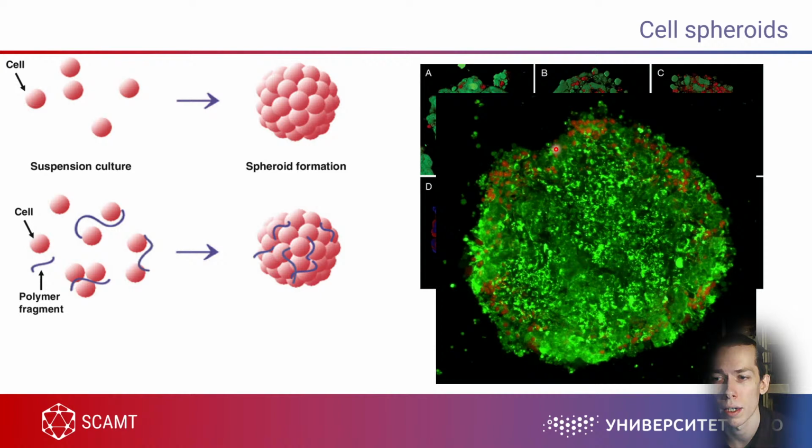But in most cases, cells in our organism form tissues, and these tissues have volume. Because of this volume, there is a gradient of cells, a gradient of nutrients, and so on. When you test nanoparticles on just monolayer cell cultures, it's not very close to the real situation in organisms. That's why you need 3D cell cultures.